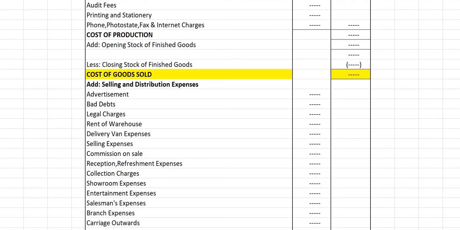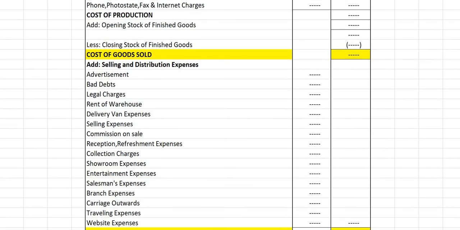Your branch expenses, your carriage outward. Whenever we use the word carriage, there are two types, carriage inward and carriage outward. Carriage inward is always added in the raw material purchase. So whenever we purchase raw material, we add carriage inward while calculating the prime cost. And carriage outward means the carriage incurred while selling the product. So carriage outward will be added in the cost of goods sold.